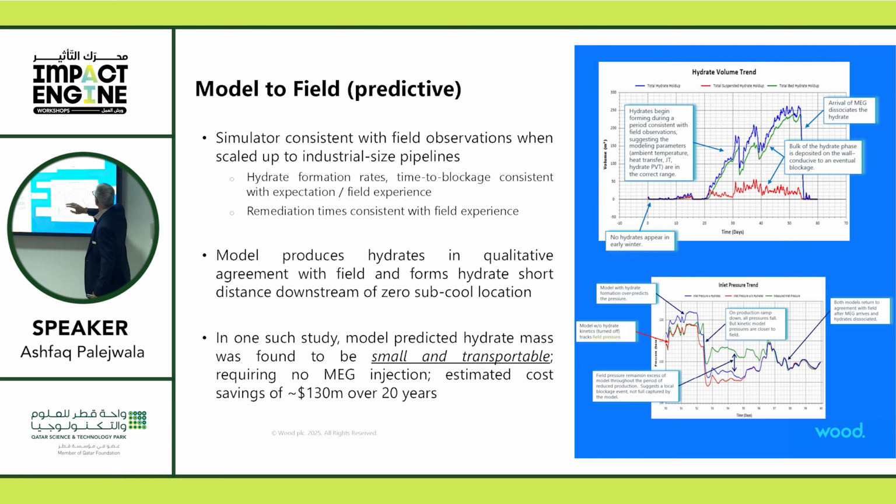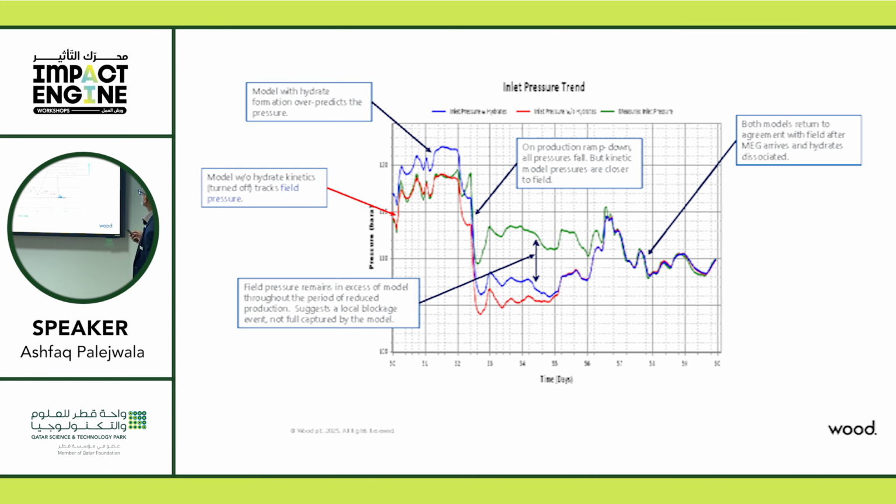Oh, I think I've got it on the next slide. So green is actual measured reality. Red is if you don't have any hydrate prediction. So for this scenario, if there are no hydrates, you would expect the pressure to fall. However, it's not falling. This is real life.